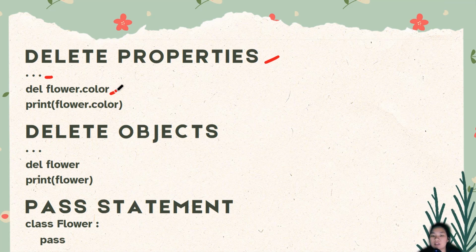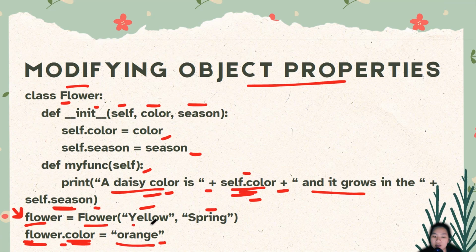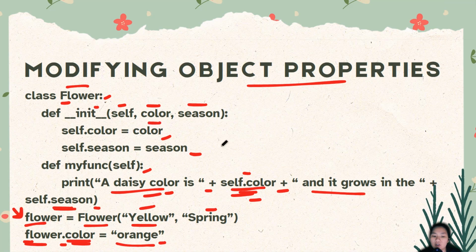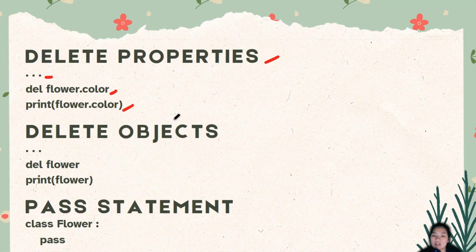So naturally, you've deleted the color property of flower already. And if you print it out, it will return you an error, right? Because there isn't an argument whatsoever. This class is looking for a color argument, and it simply does not have it since you've deleted it already.